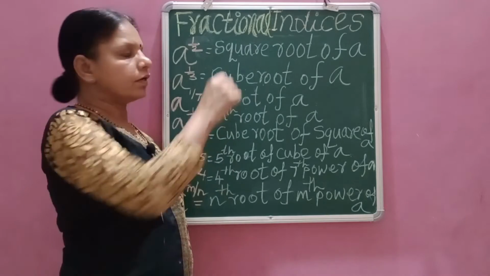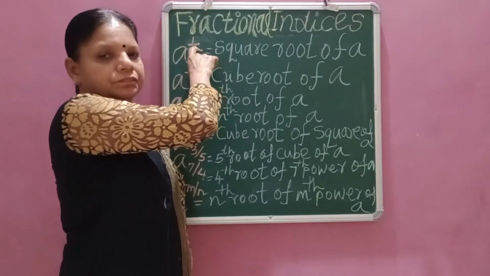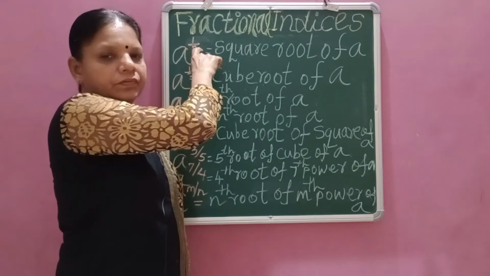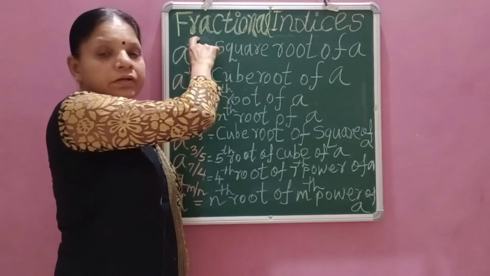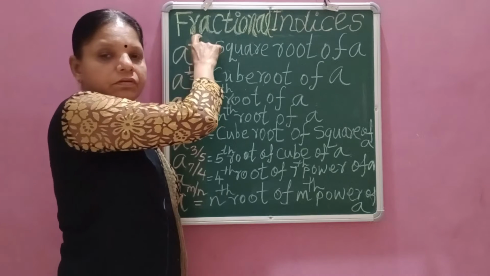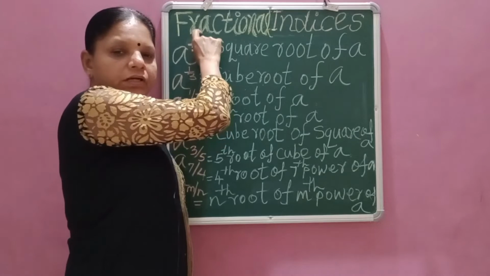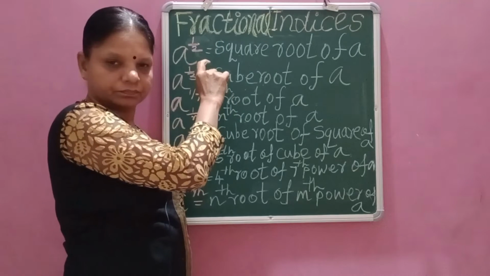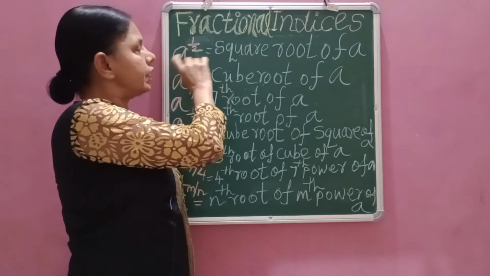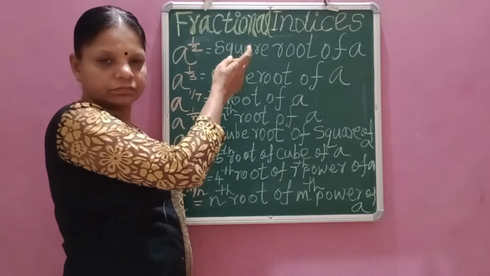How many times? What is the number in the numerator? Here only the denominator is there, numerator 1, so we are not taking any power.